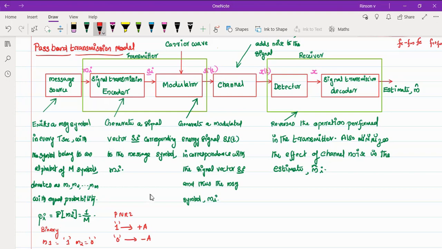For example, if I am using polar non-return to zero encoding, then the message symbol 1 will be converted to a pulse of amplitude A, and 0 will be converted to a pulse of amplitude minus A. Or we can say it generates a signal vector Si corresponding to the message symbol Mi. Here my signal vector is one dimensional.